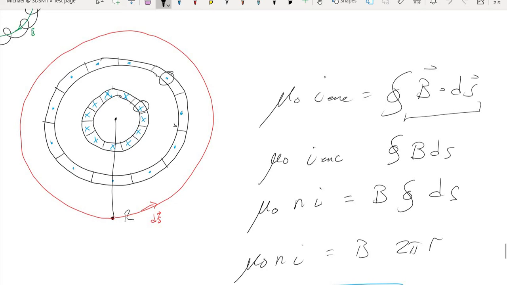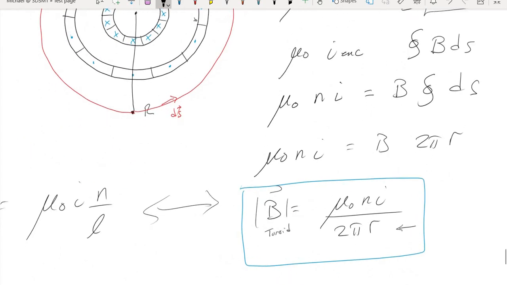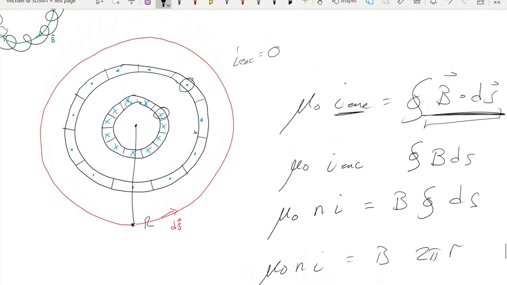You now have the same number of currents coming out of the page as going into the page. And so you've just achieved a net enclosed current of 0. And if you do that, there's no point in continuing through the rest of the math over on this side, because your magnetic field would then be 0 outside of the toroid.